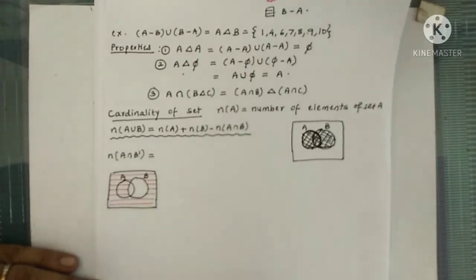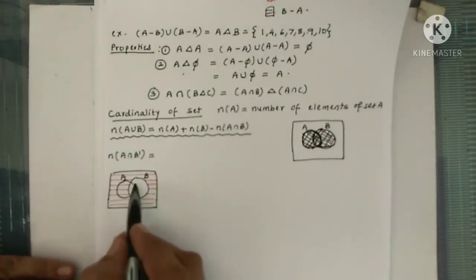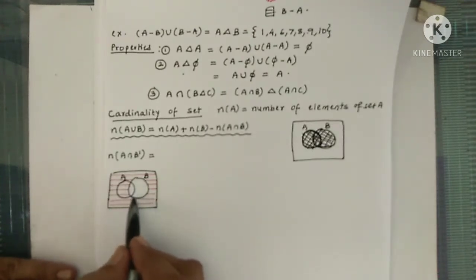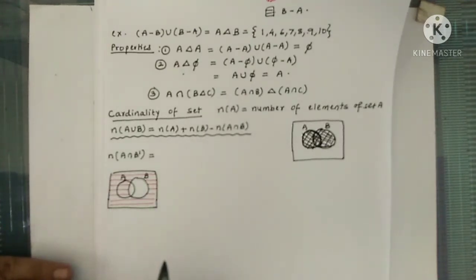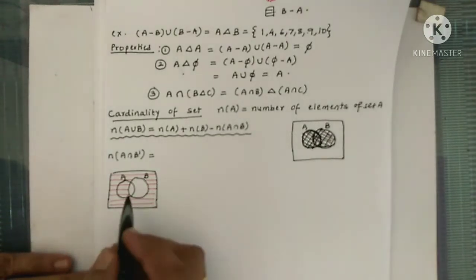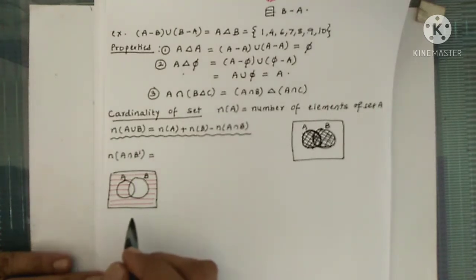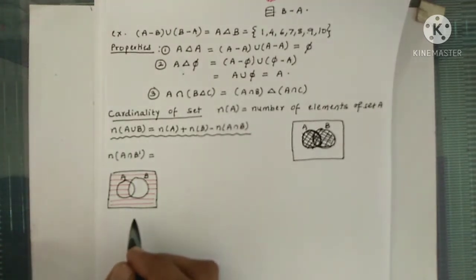So I have shaded B dash with red horizontal lines. See here, the shading is for the rectangle other than this circle B. So this is B dash. Now A intersection B dash. A intersection B dash is the part of A which is in B dash. So we want that portion of A with these red horizontal lines.